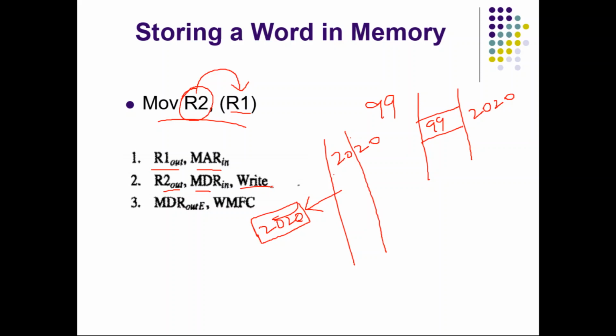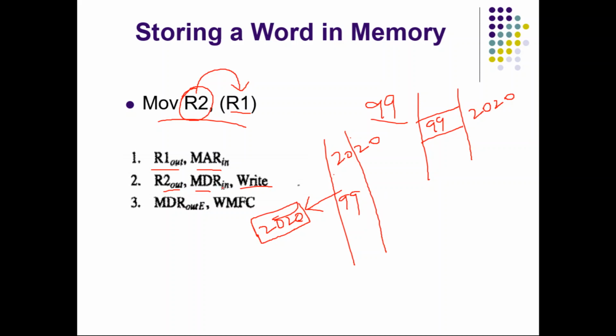R2 out means whatever is in R2 will go to the system bus. What is in R2 as per our understanding? 99. So now 99 will come to the system bus. R2 out means whatever is in R2 will come to the system bus.